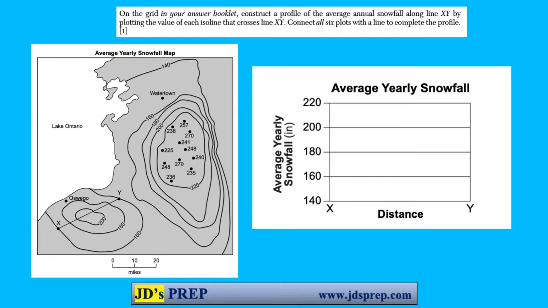Our next question is asking us, on this grid here, to construct a profile of the average annual snowfall along line XY, which is highlighted here. There are 6 plots, so we're plotting all the times that an isoline crosses line XY to complete the profile.